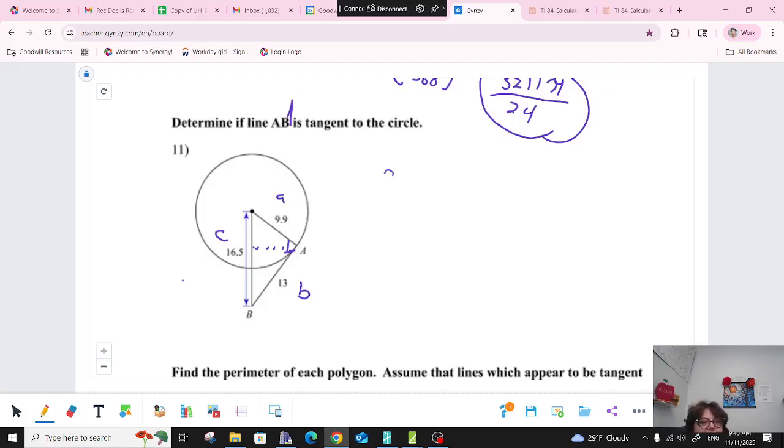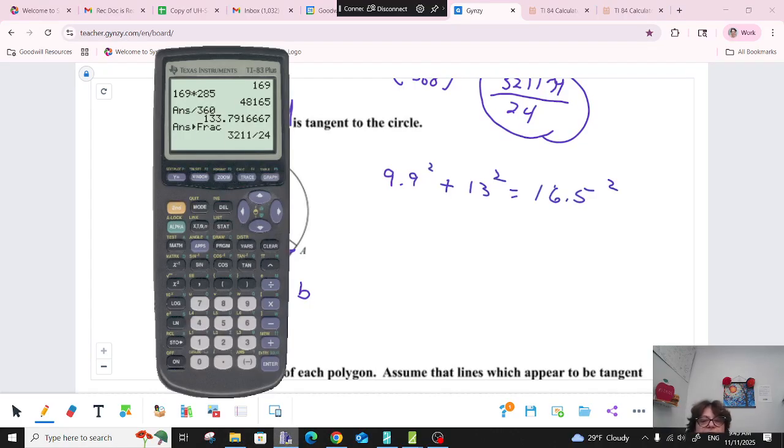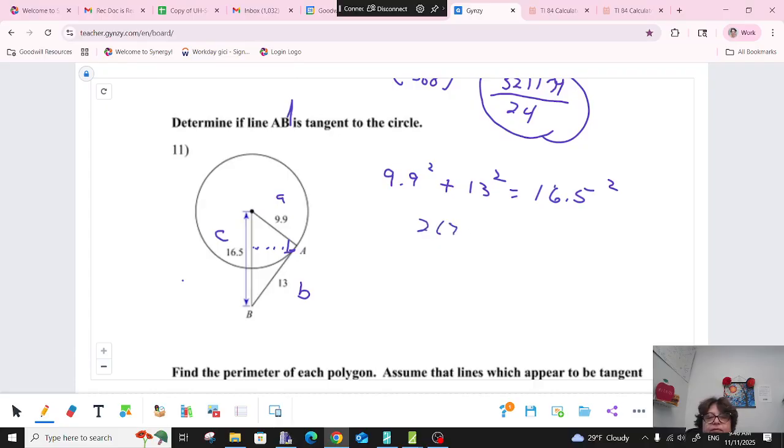There we go. So 9.9 squared plus 13 squared, does it equal 16.5 squared? So 9.9 squared plus 13 squared is equal to 267.01.